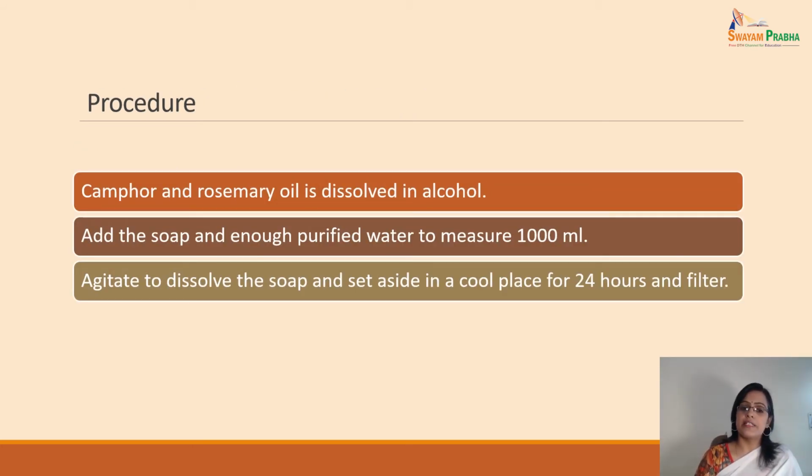Procedure for this: camphor and rosemary oil, you have to dissolve in alcohol, add the soap, and a sufficient amount of water is added to measure 1000 ml. Then you have to agitate to dissolve the soap and keep it aside in a cool place for 24 hours and then you have to filter it.